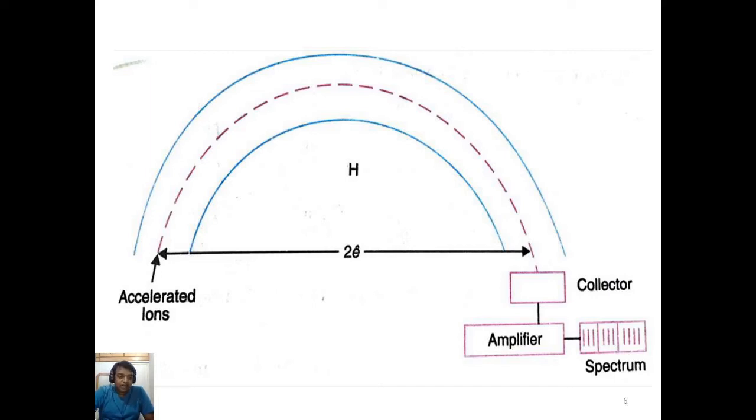So the acceleration starts from the removal of cations from the ionization chamber, and the circulation is completed at the end when the cations reach the detector. According to the mass upon charge ratio, the molecules are collected at the collector, then amplified, and then recorded.